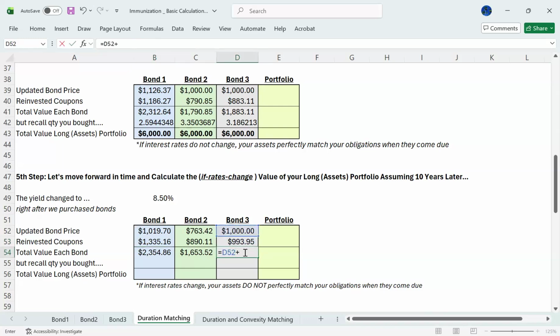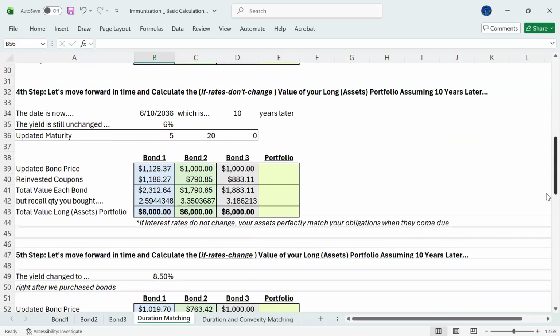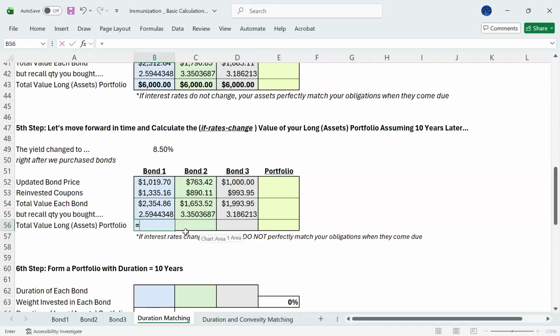And then this is the total value of each, but let's remember that we bought this quantity, this quantity, and this quantity because we had to match the present value of liability and the present value of our assets. That's the first condition up here for immunization. Now let's look at the value of each one. If I had only invested in bond one, the total would be 6,109.54.